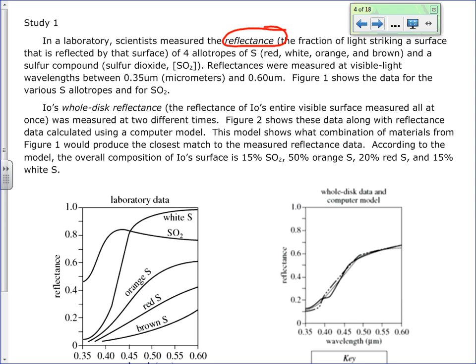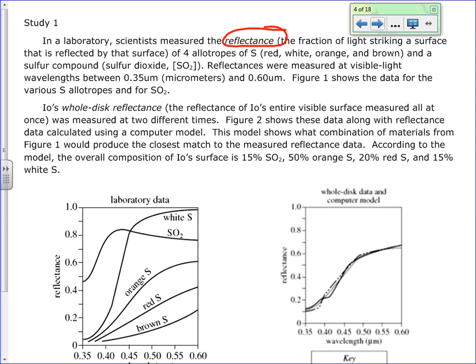All right, so can anyone think of a type of material that's got a very high reflectance? A mirror is probably perfect. It's almost perfect reflectance. All right. What about something that has really low reflectance? Anyone think of an object that when you look at it, it doesn't reflect a lot of the light? Yeah, the tables could definitely do that. The wood on the tables, wood is a very low reflectance. It doesn't bounce back a ton of the light. It keeps a lot of the light inside.